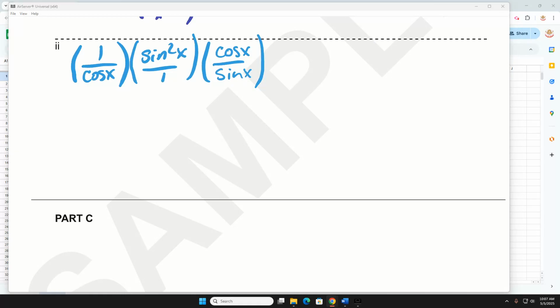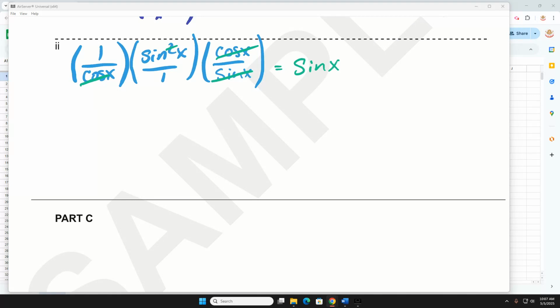Since this is all multiplication, anything in the denominator can cancel out of the numerator if they're in both places. So this cosine of x in this denominator will cancel cosine of x out of the other numerator. And then one of these sines will be canceled also. So what are you left with? Sine of x. Good job.